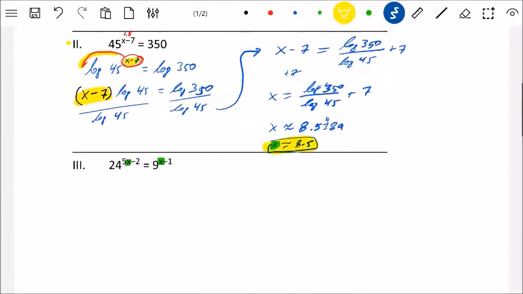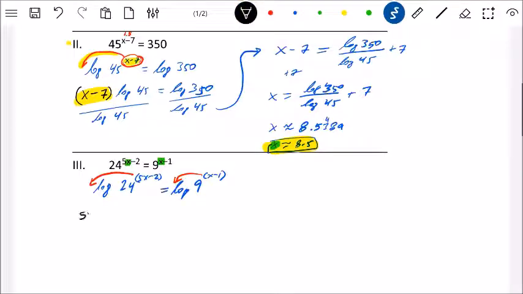Now here, we're going to do the same basic thing of applying logarithms to both sides. So log of 24 to the 5x minus 2 equals log of 9 to the x minus 1. For both of these, the next step is to put the exponent in front using the power property.